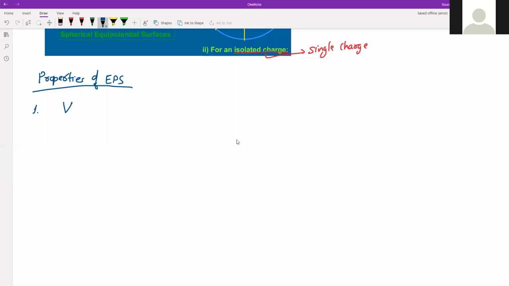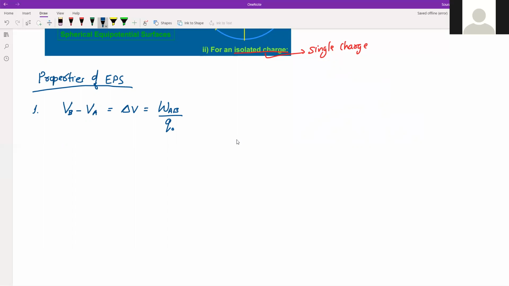we know that VB minus VA is the potential difference, and that is given by the work done in moving a charge from A to B per unit charge, if the charge which we are moving is a unit positive charge.